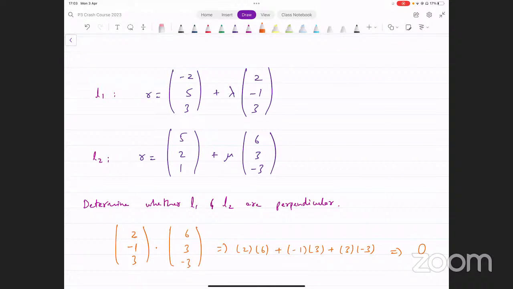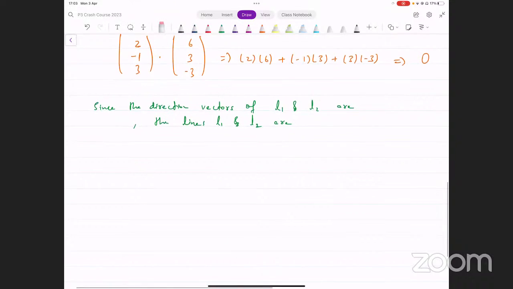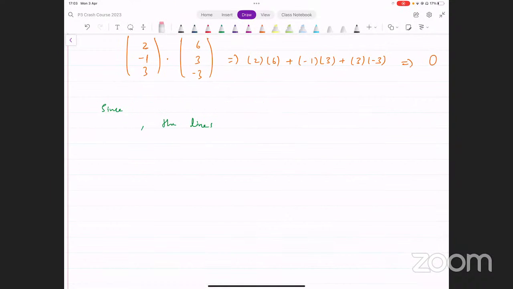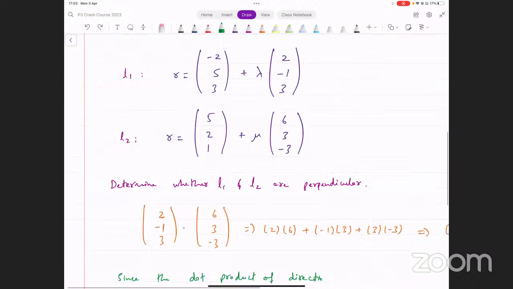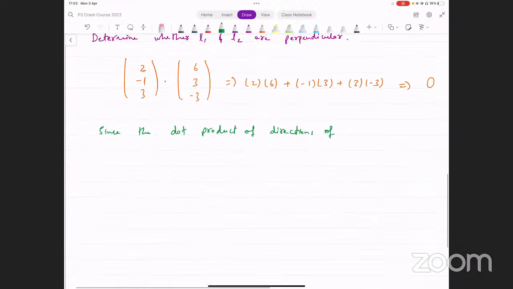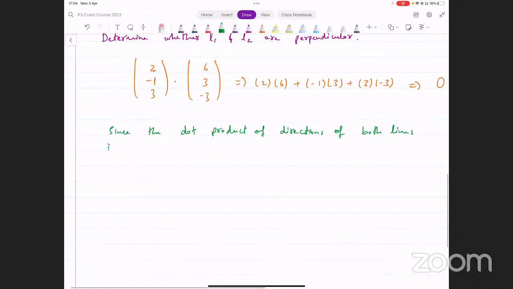Now, since the dot product of the directions of both lines is equal to 0, L1 and L2 are perpendicular.